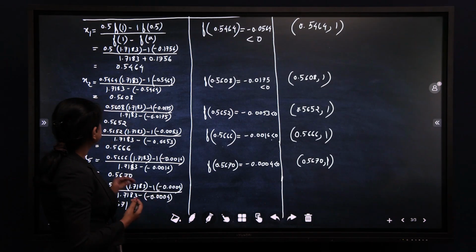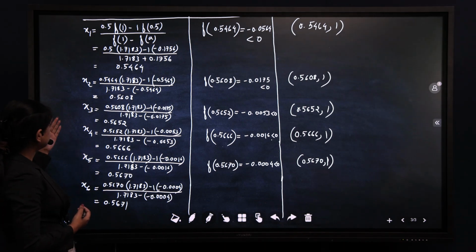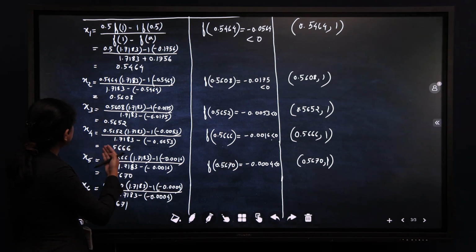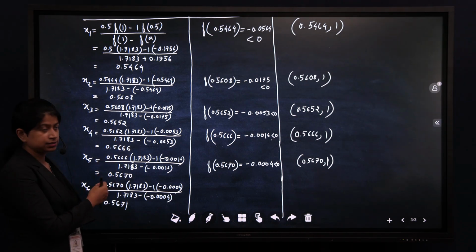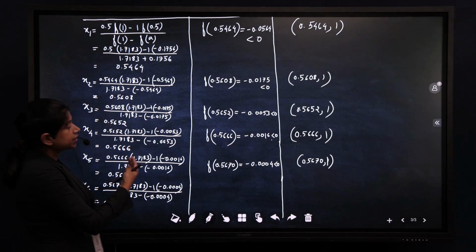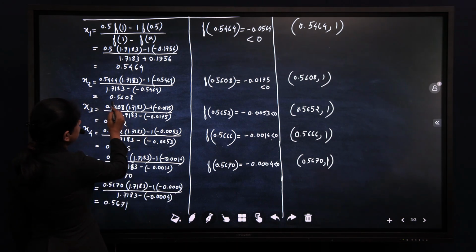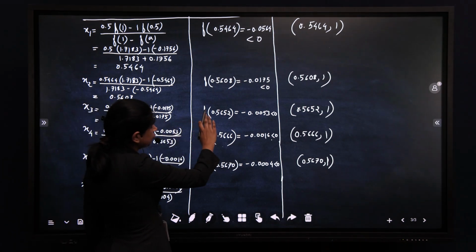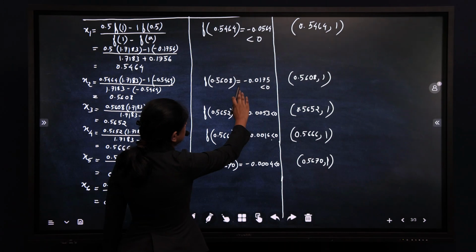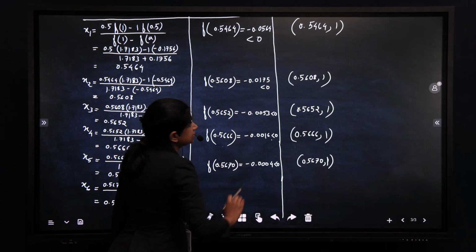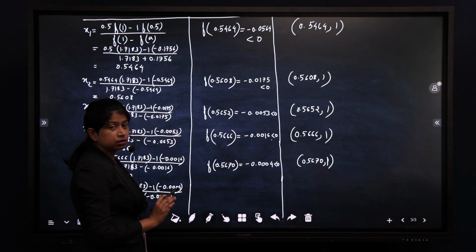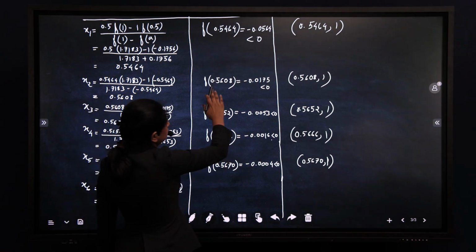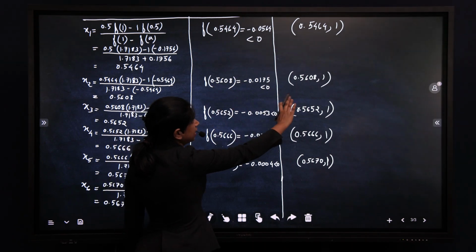Now you look at the other approximations, x2, x3, x4, x5 and x6. For x2, we are getting 0.5608. At 0.5608, the function gives us minus 0.0175. That is negative, right? So the root will lie between 0.5608 and 1.